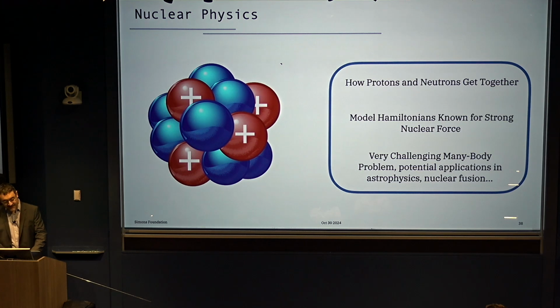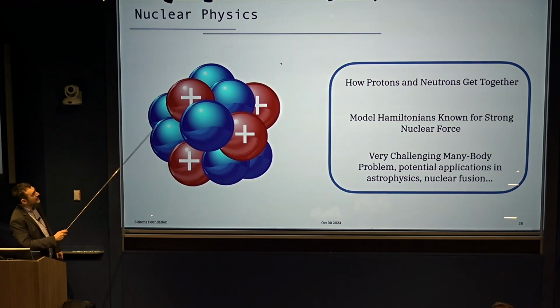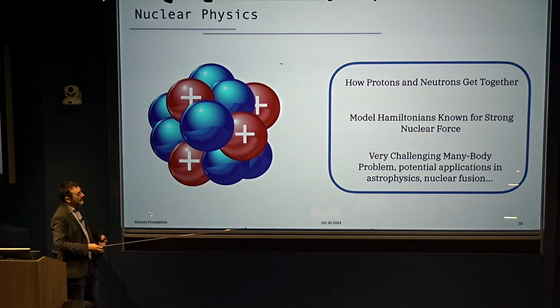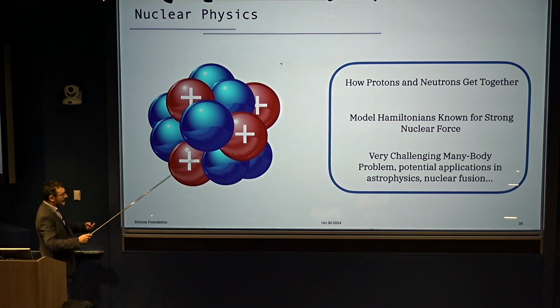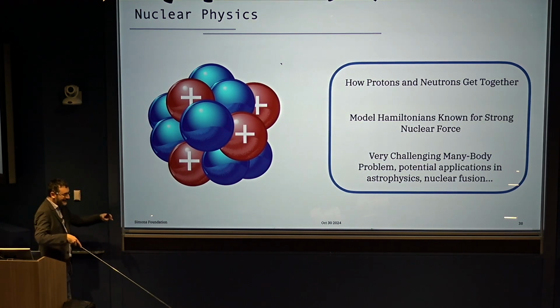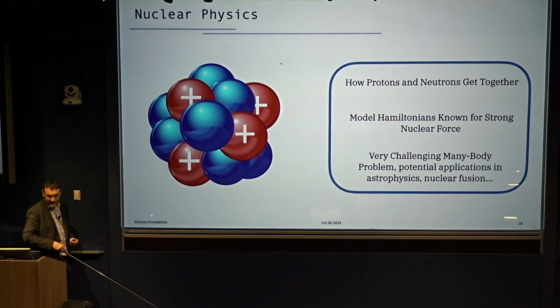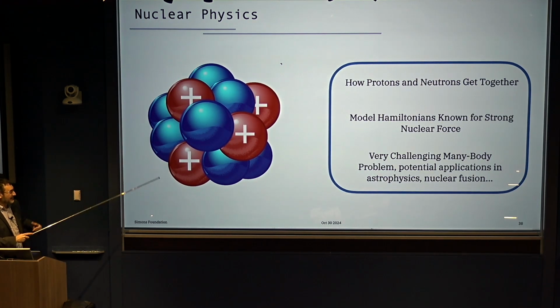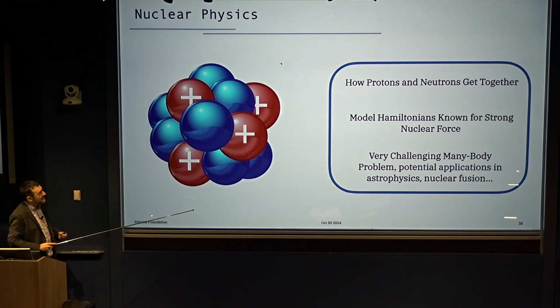The last application that I want to mention is to the case of nuclear physics. This is the case where now not only do we have our electrons going around, but we are adding the nuclei into the game, which we completely neglected in the previous descriptions.